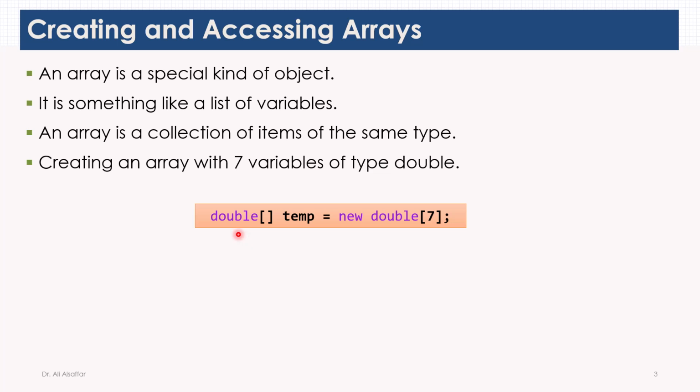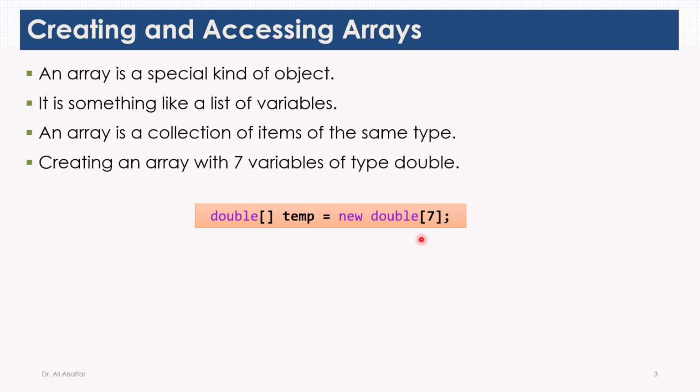Instead of typing just double, follow double by opening and closing empty square brackets. Then write the name of the array, followed by equal, followed by the command new, followed by the keyword double, and between square brackets, the size, meaning how many variables you want to define.